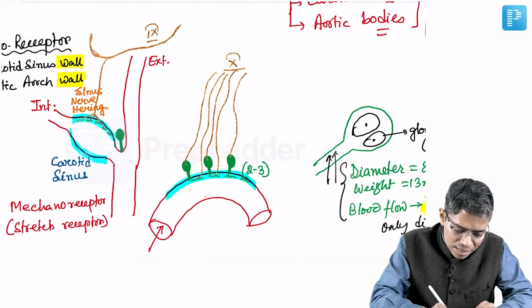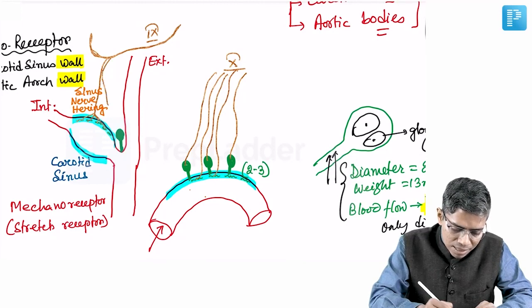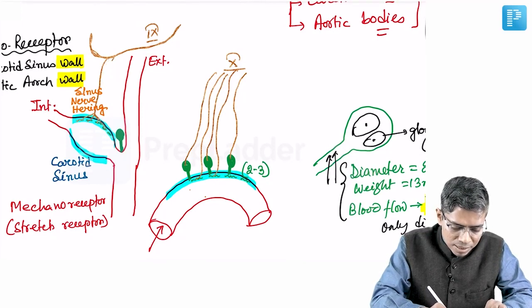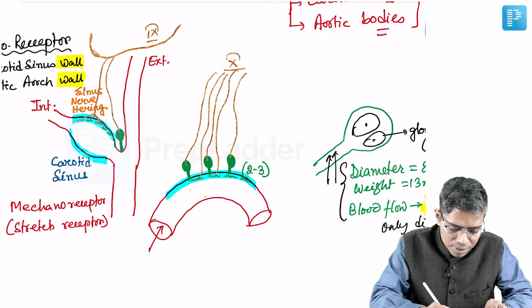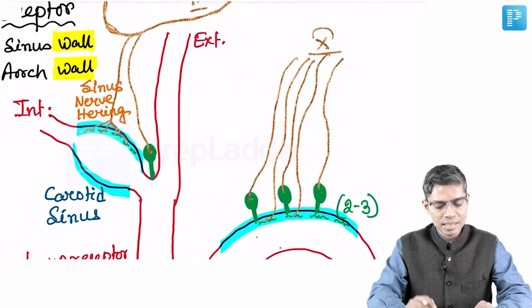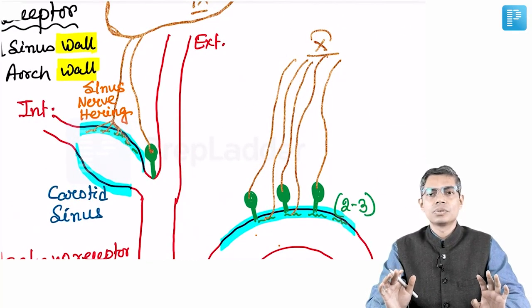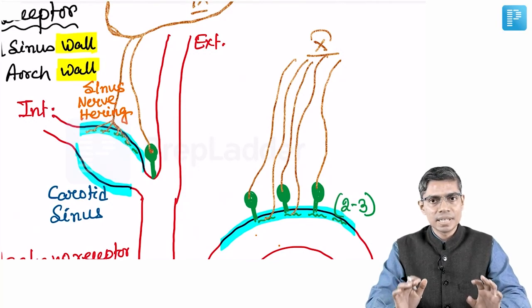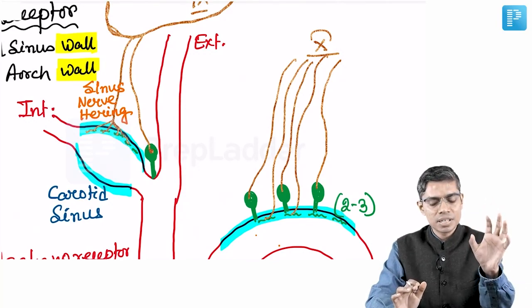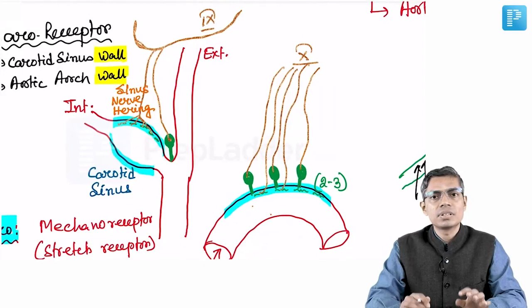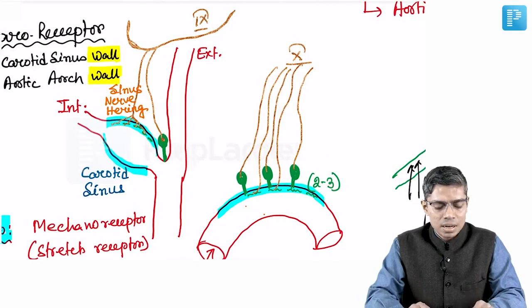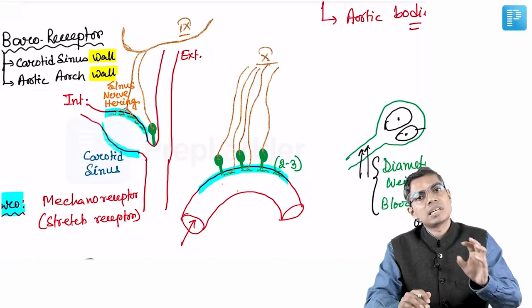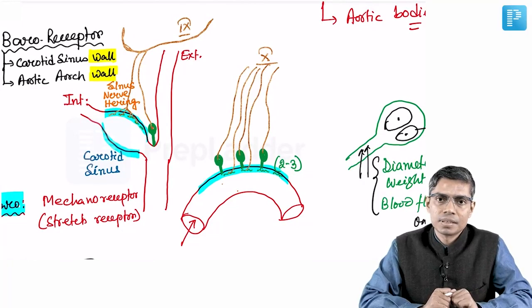The same sinus nerve of pharynx, which is supplying the baroreceptor, is also going to supply the chemoreceptor. So the sinus nerve of pharynx at the level of the carotid region and the vagus nerve at the level of the aortic region are the afferents for this chemoreceptor also.